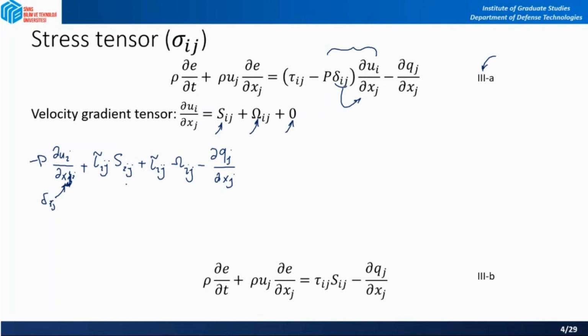In the second term, you have the deviatoric part of sigma ij that represents the shear effect, so it is like a shear force. So you have some kind of force, tau ij, and then you have the strain tensor.